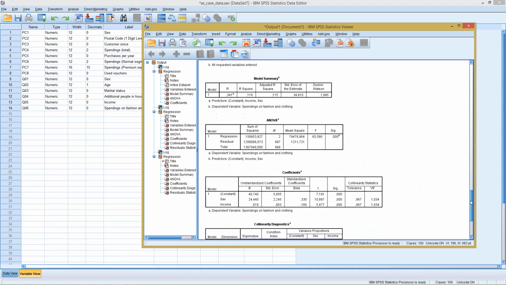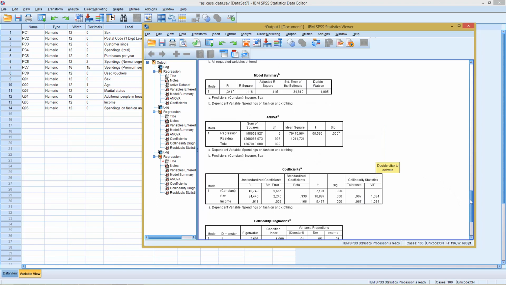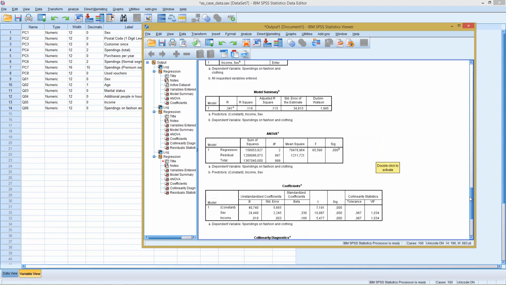So it's a significant increase. And our variance inflation factors are close to 1. So we got rid of our problem with multicollinearity. Durbin-Watson still close to 2, so no problem with autocorrelation as well.